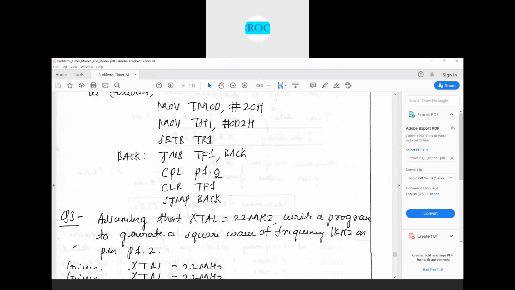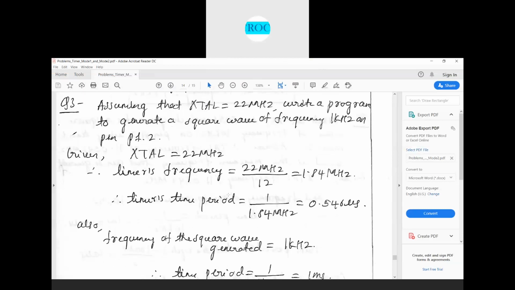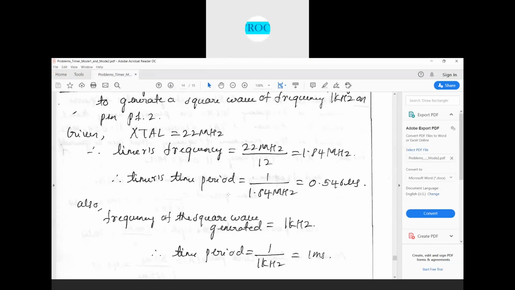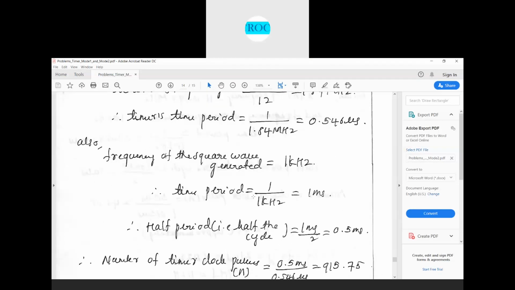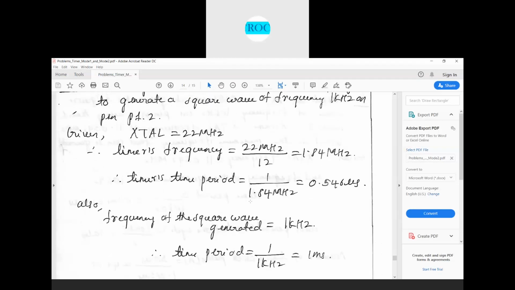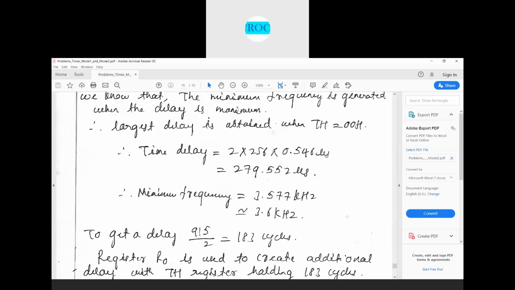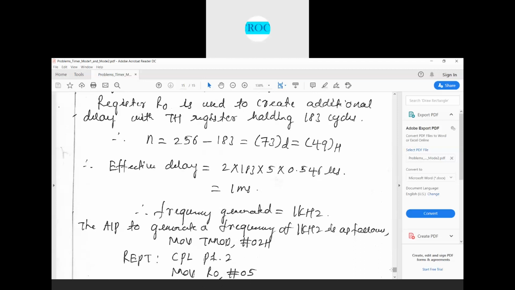As we know the process of how to find the initial count values, the first crystal frequency you take 1.84 megahertz, we know. Where is that one? We'll go to problem number 8.